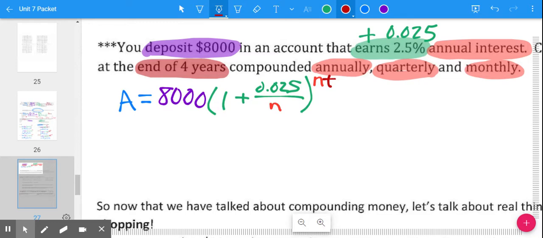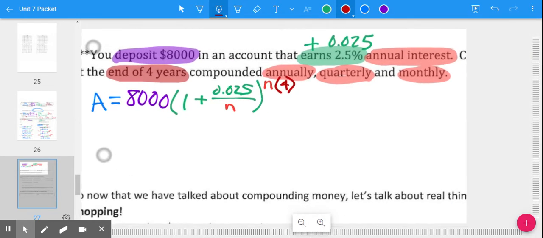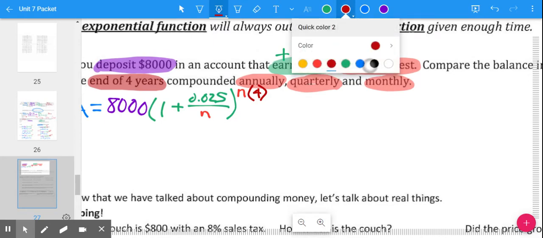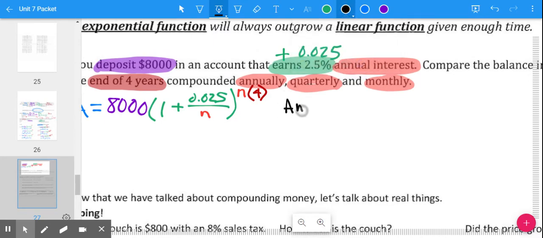So when we plug in all of these values, and we know our time is 4 years for all of them, so I'm actually going to change that to n times 4. So the only thing that's changing as we look through this formula is that we want to check it out based on it being compounded annually, quarterly, and monthly. So when we plug this in for annually, that means your n value is 1.